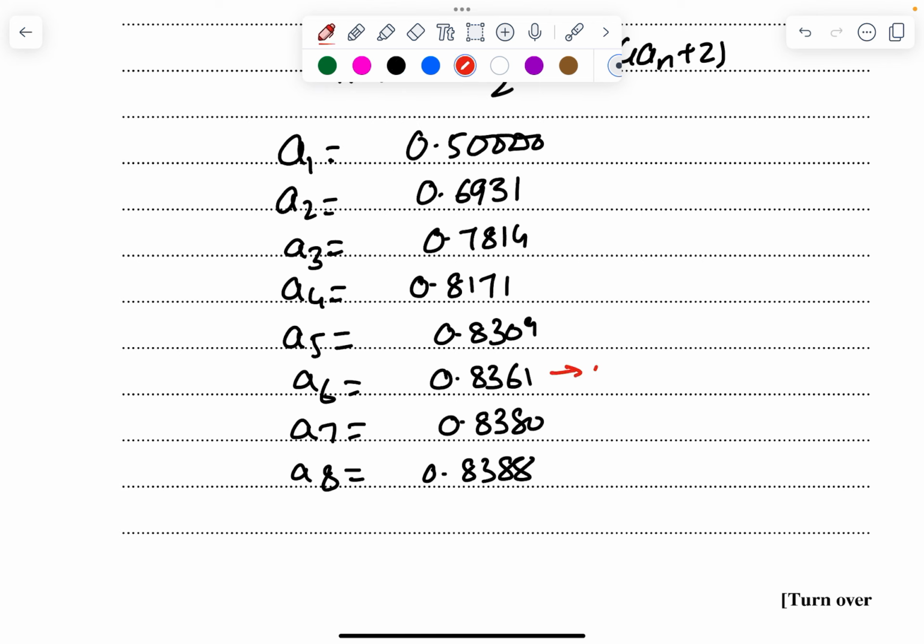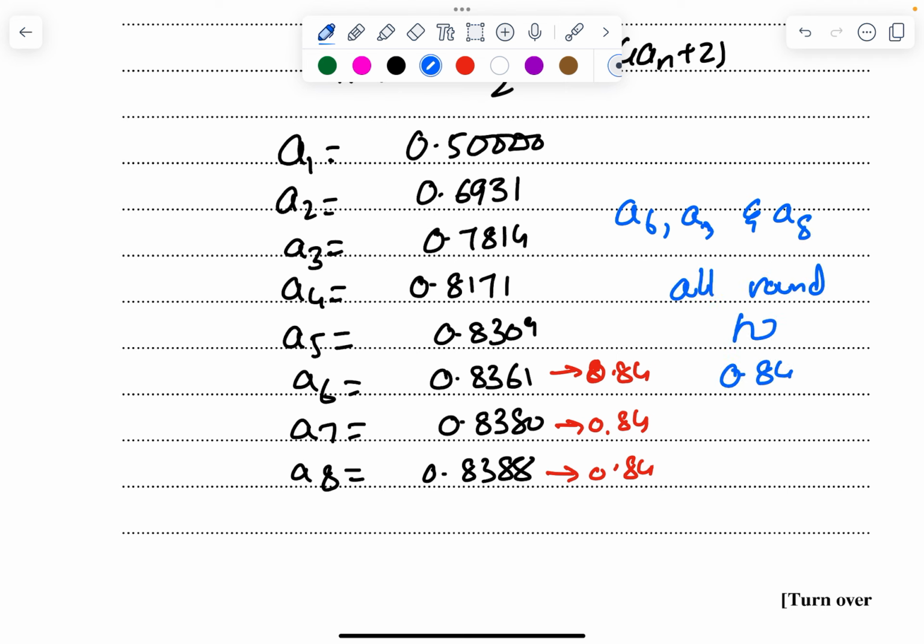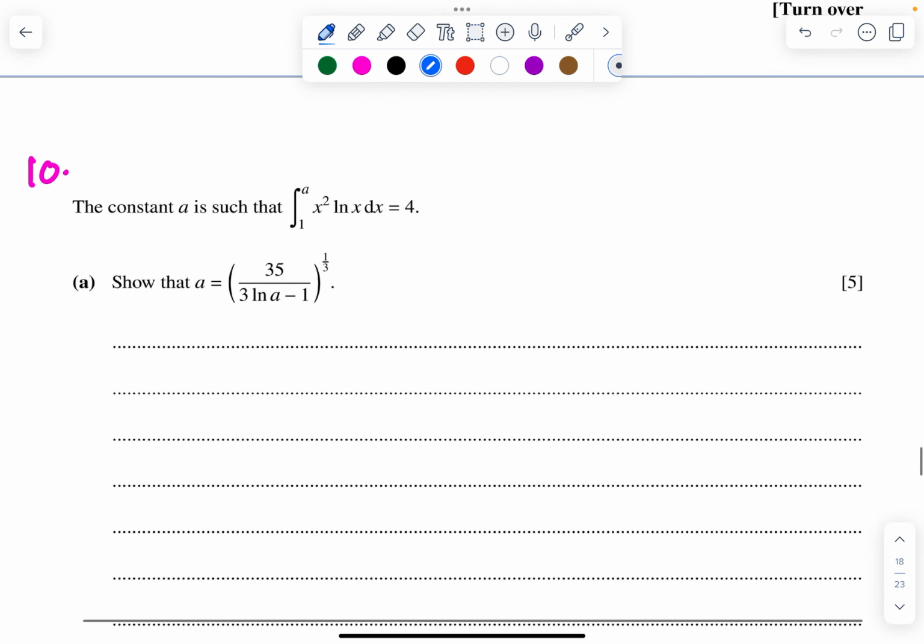You can see that all these are rounding off to 0.84. So I can write, a6, a7 and a8 all round to 0.84 to 2 decimal places. So a equals 0.84.